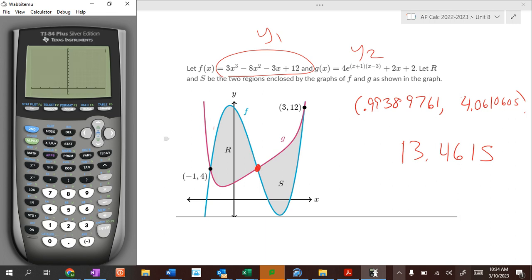So now if we graph y2 minus y1, then you have to start at 0.99389761. Second trace, 7. And then our lower limit is again 0.99389761, and then 3.